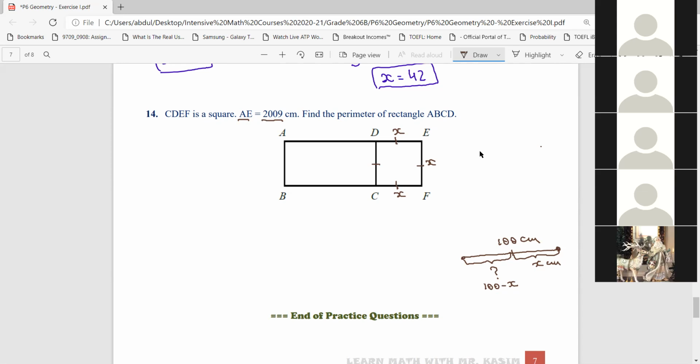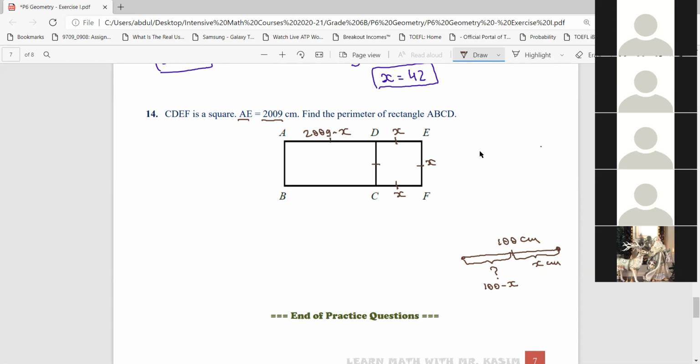Now, Turan, can you tell me what is the length of AD? 2009 minus X. Very good. In English, we pronounce it X. So that is 2009 minus X, right?